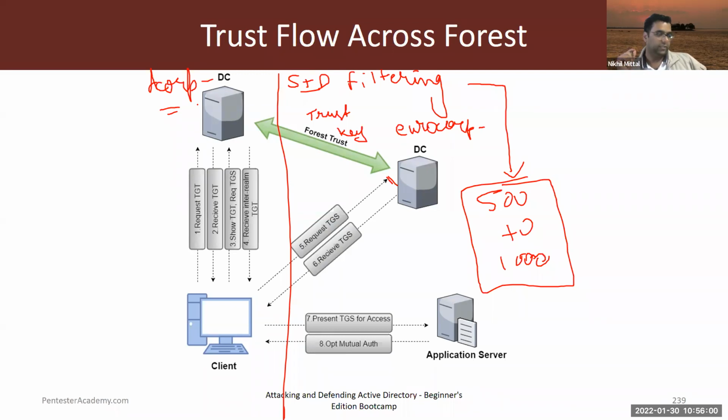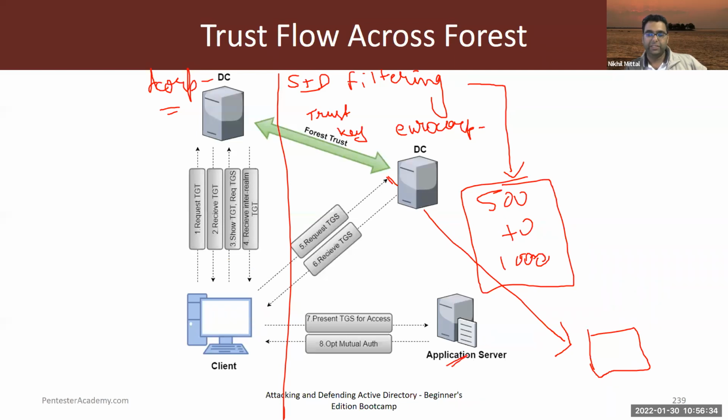However, having said that, if this is a functional trust, then you would expect that users here must be able to access at least some resources in the other forest. So what you would still be able to access is, and that is what we have in the lab as an example, let's say there is a file share here that is accessible only to the domain administrators of DCOP DC.